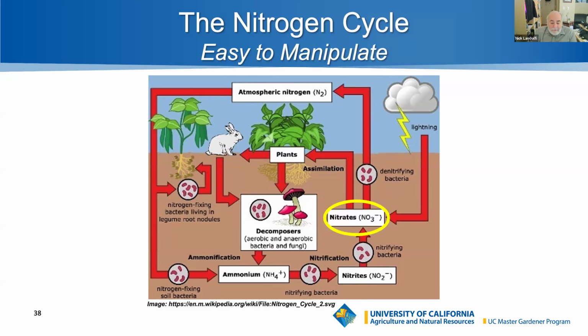To manipulate the nitrogen cycle, an external source of nitrate can be added to the soil. For example, in the form of nitrate-based chemical fertilizers, such as sodium, potassium, or ammonium nitrate. However, this type of addition has a detrimental effect on the nitrogen cycle as a whole.